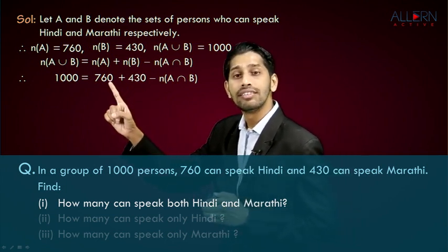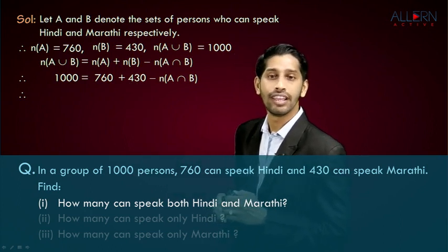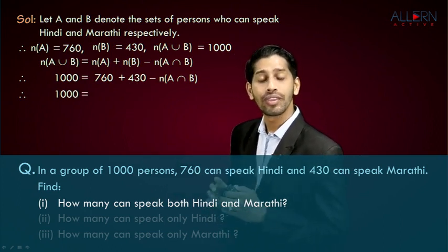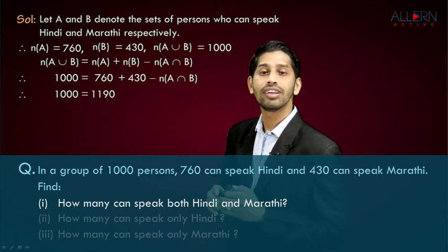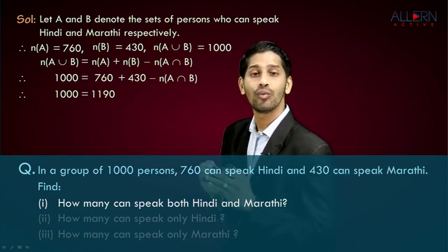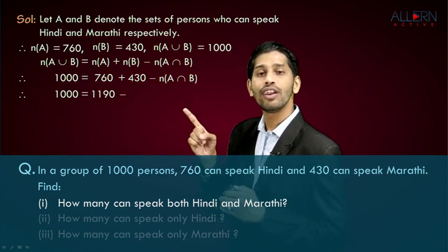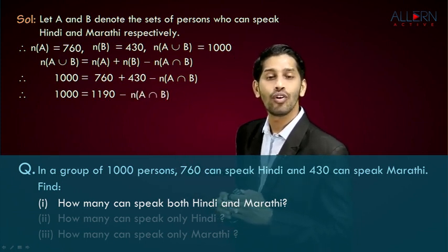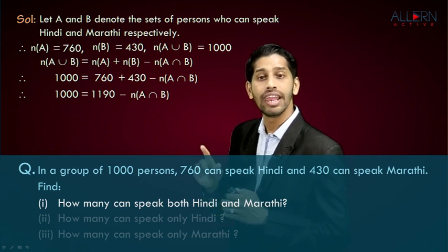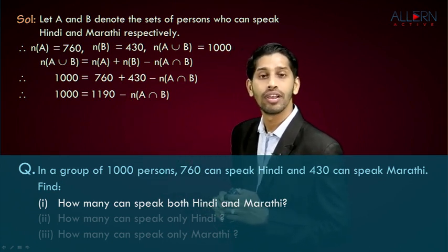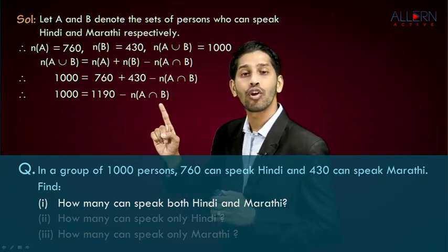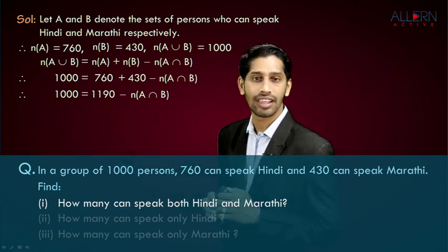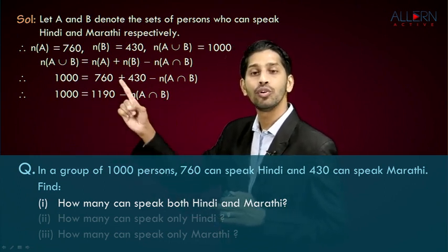Now 760 plus 430, so it becomes 1000 = 760 + 430. When we add, we get 1190 minus n(A ∩ B) as it is. In order to get the value of n(A ∩ B), its sign should be positive. That means we have to shift this term from right hand side to left hand side, and bring this 1000 to the right side.